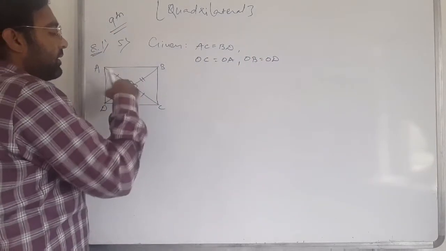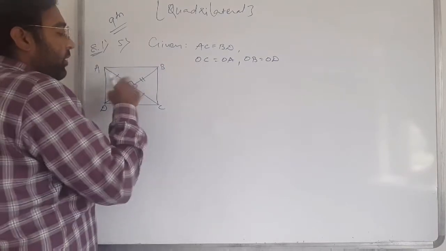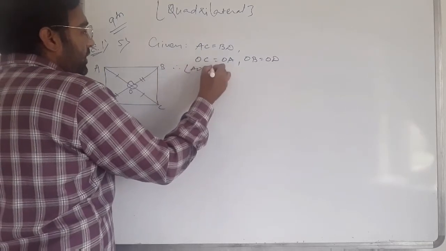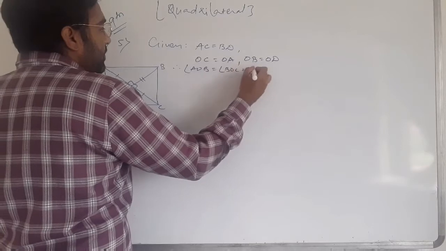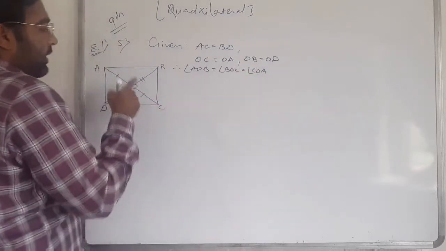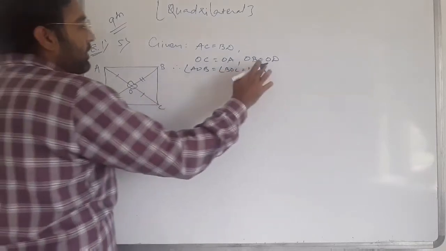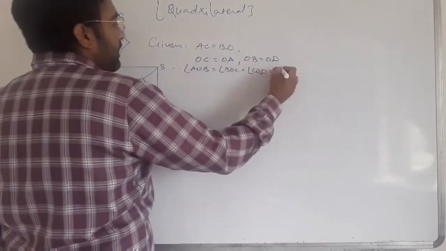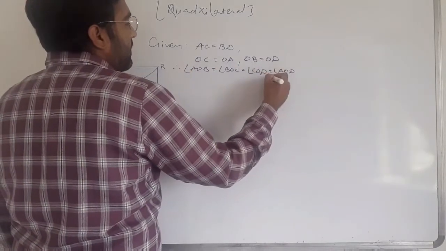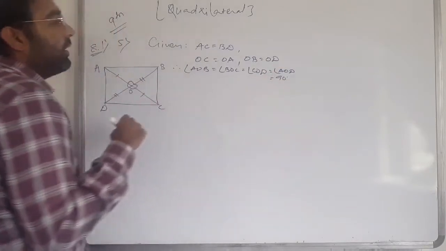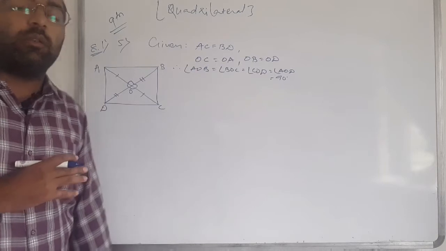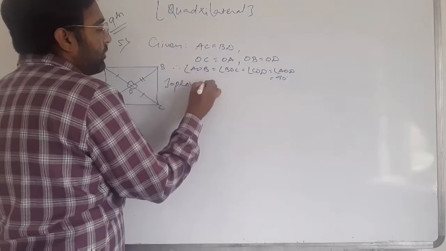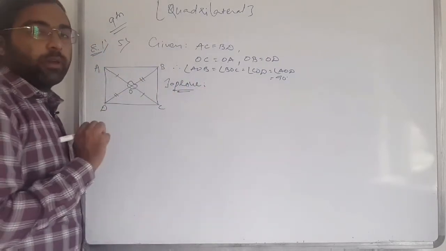The third thing is that all the angles formed at O are right angles, therefore angle AOB equals BOC equals COD equals AOD, and all are equal to 90 degrees. These things are given in the question, so we need to prove that ABCD is a square.